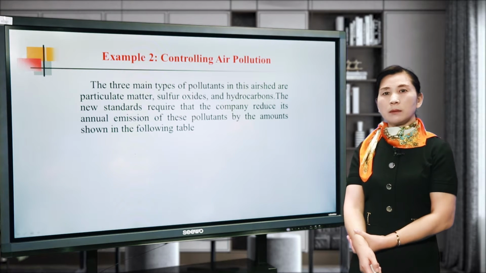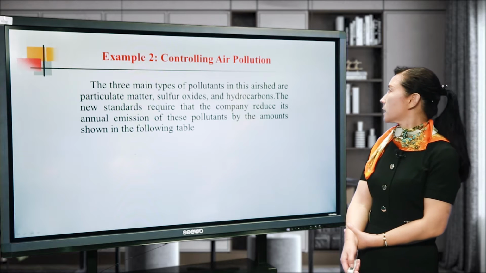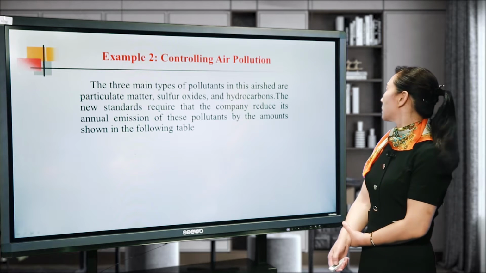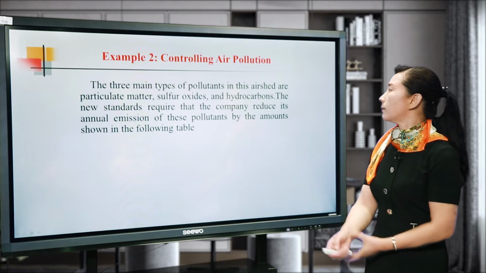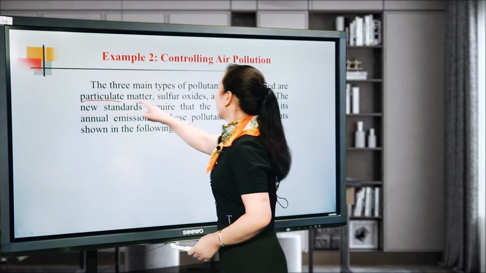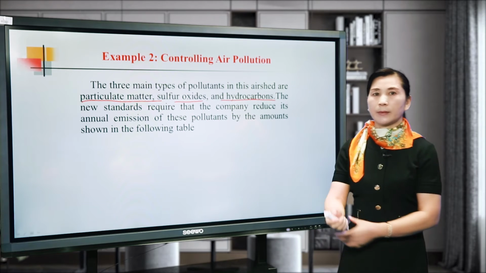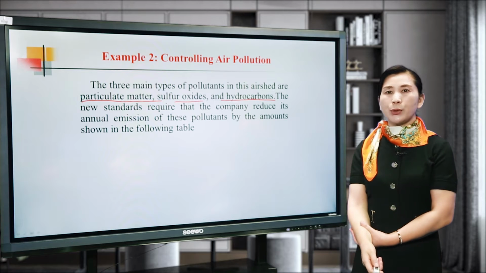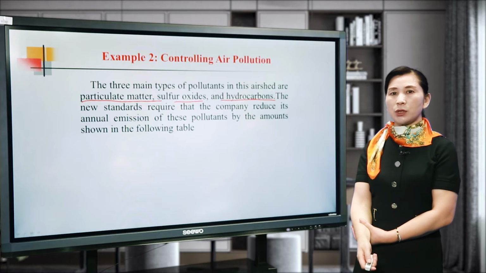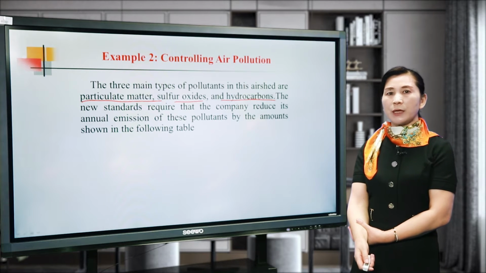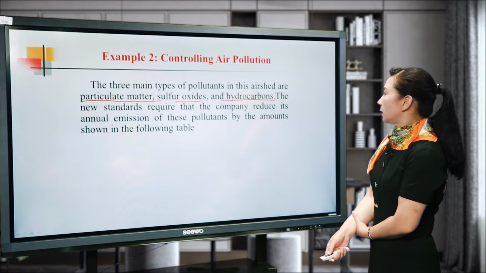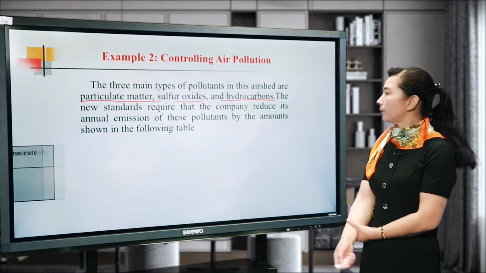The three main types of pollutants in these ashes are particulate matter, sulfur oxides, and hydrocarbons. The new standard requires that the company reduce the annual emission of these pollutants by the amounts shown in the following table.